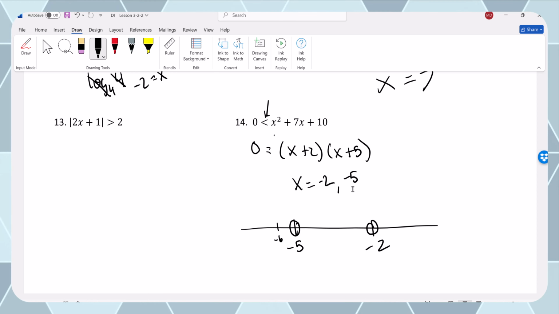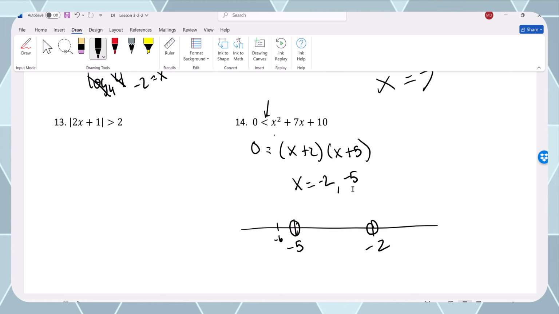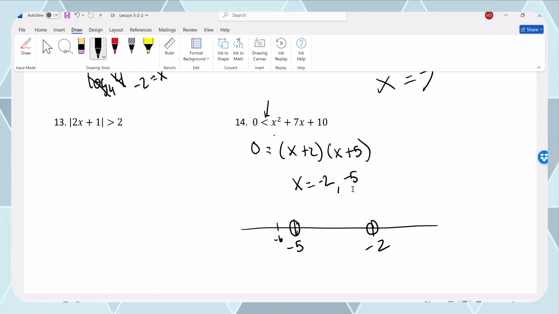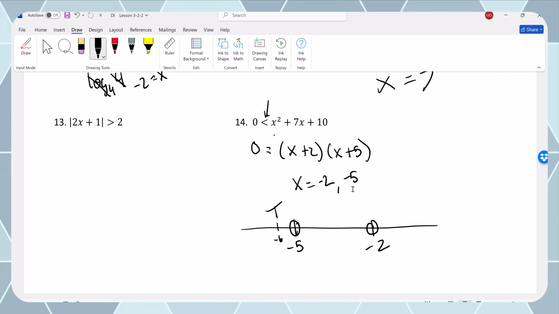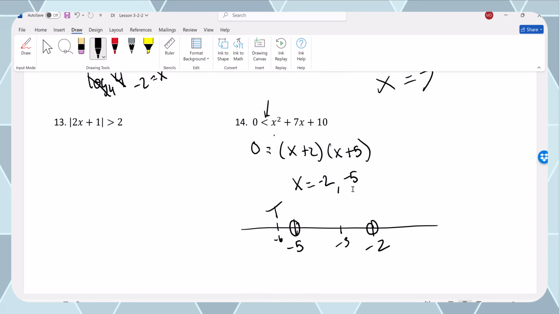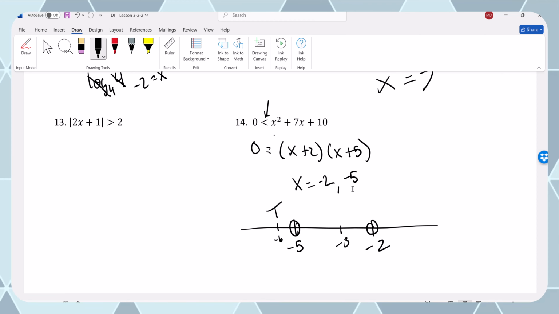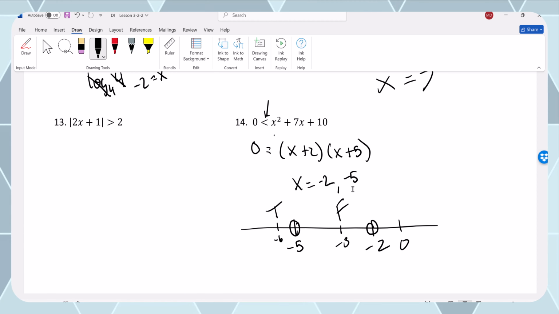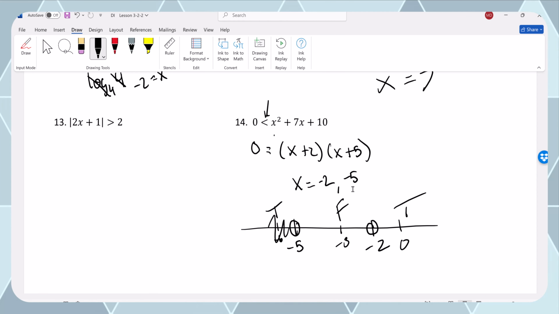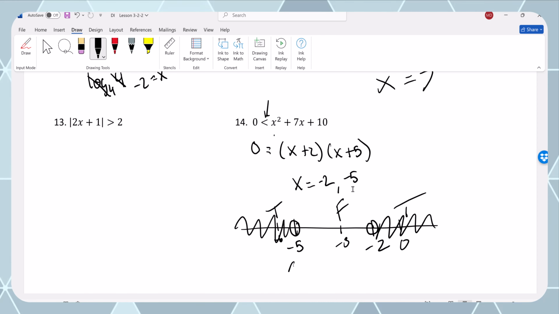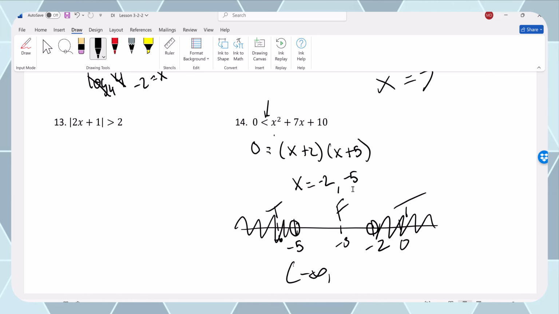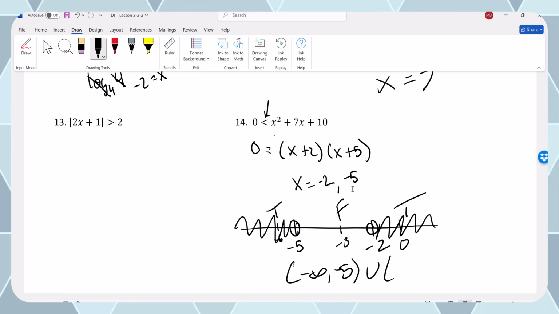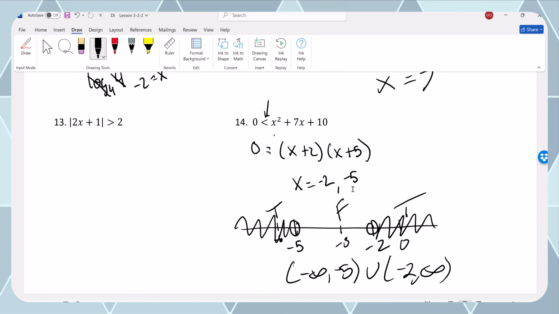If I plugged in negative 6, do I get true or false? 36 minus 42 plus 10, that's going to be greater than 0, so that's true. If I plugged in negative 3, 9 minus 21 plus 10, that's false. If I plugged in 0, 0 plus 0 plus 10, 0 is less than 10, that's true. You shade what's true. So your answer is negative infinity to negative 5, union negative 2 to infinity.